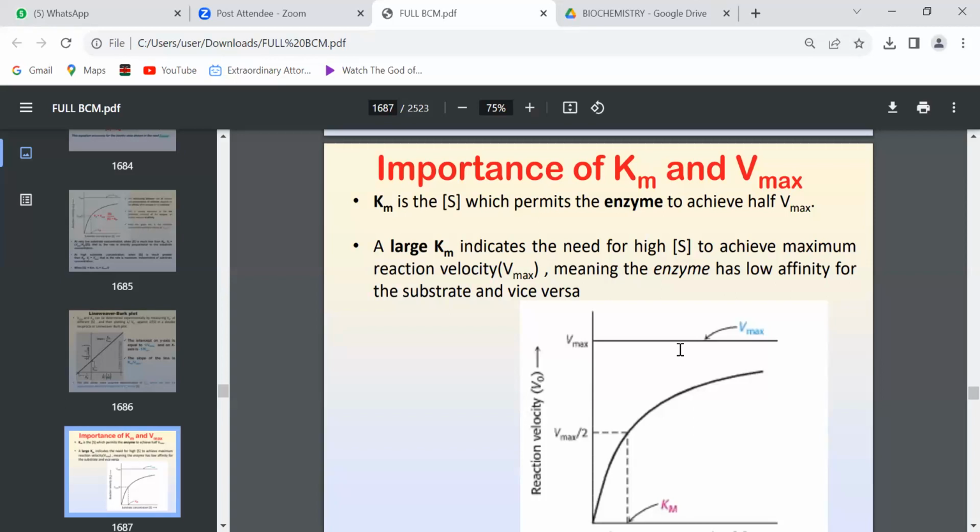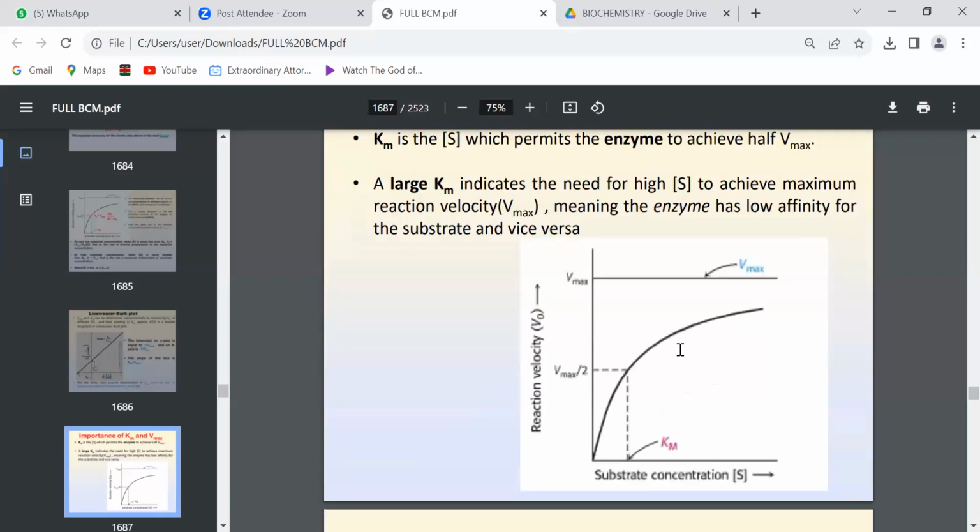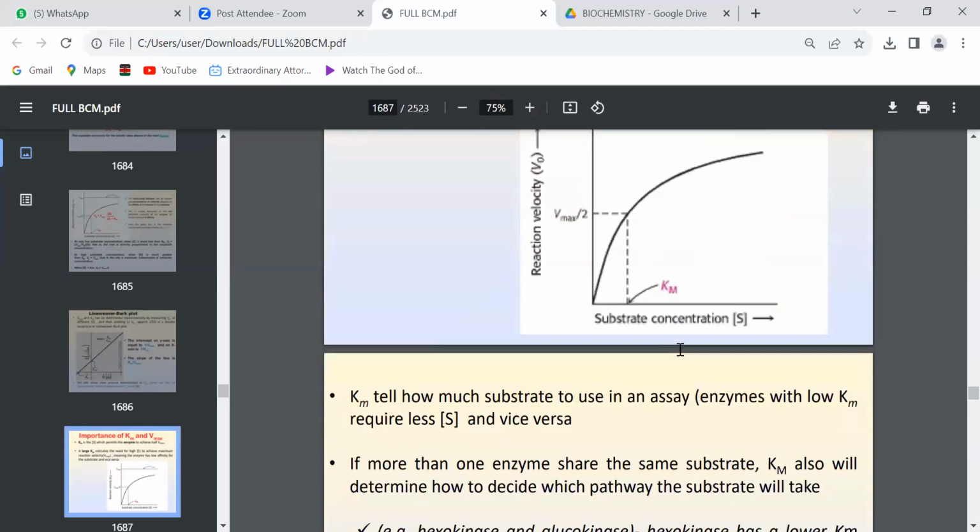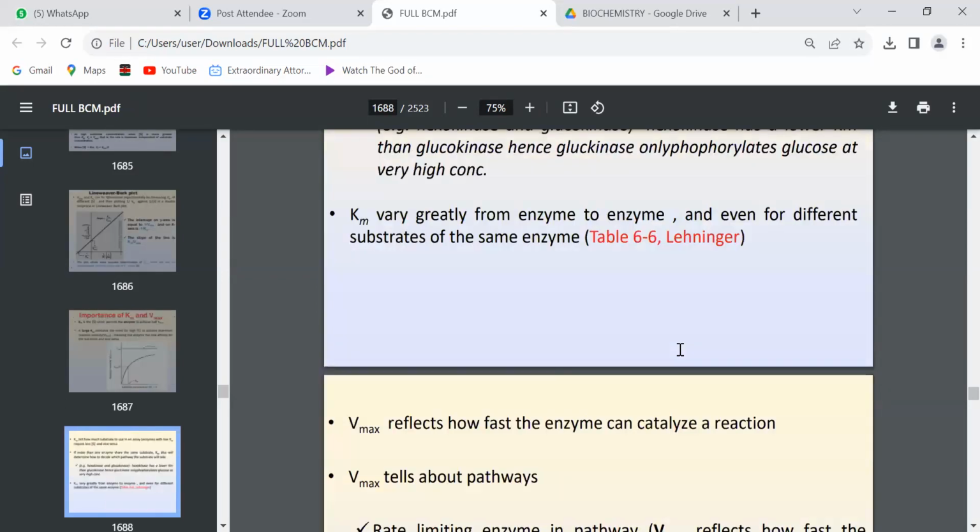So when you have a large Km, it indicates the need for a high substrate concentration to achieve maximum reaction velocity, which means the enzyme has a low affinity for the substrate. So if you have a larger Km, you need more of the substrate to reach the reaction rate.